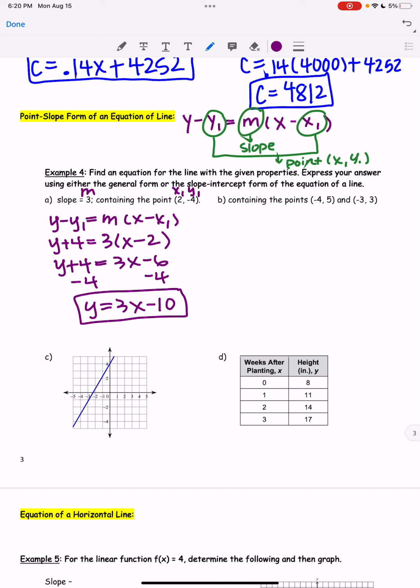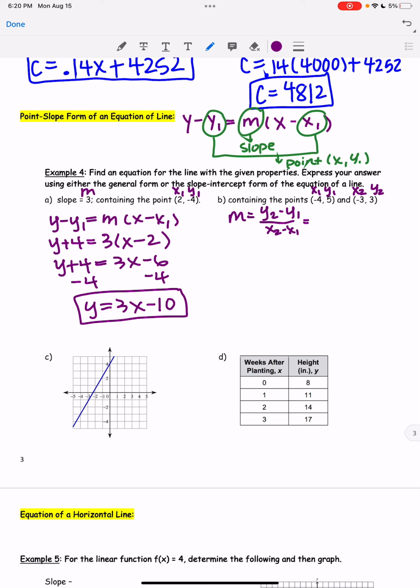On B, we need to find the equation containing these 2 points. So I am missing my slope. Lucky for us, we know how to find the slope between 2 points. That is y2 minus y1 over x2 minus x1. So we have x1, y1, x2, y2.